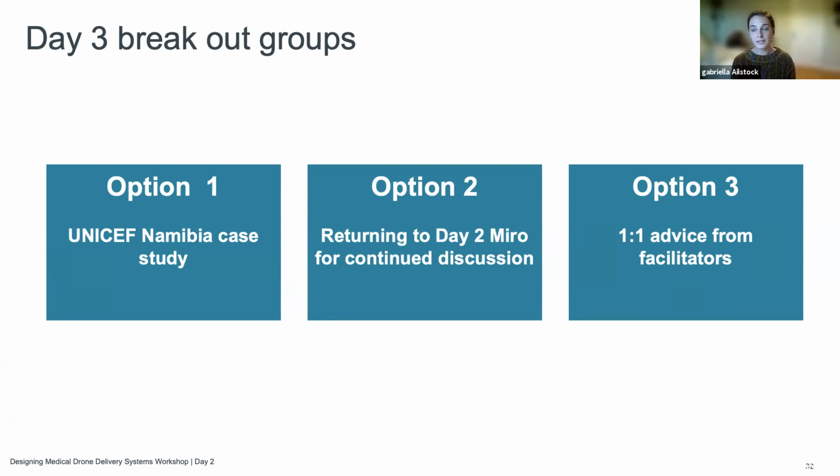And then option 3 is going to be, if you have a project that you're working on, you can actually bring that and have some one-on-one discussion and advice with our facilitation team to kind of walk through some of those steps and talk about some of the considerations that you need to make in your system as well too. So that'll be a really excellent opportunity for you to get some contact with our facilitation team.